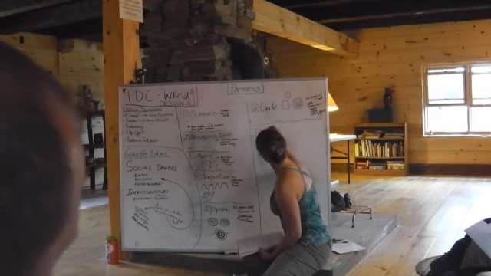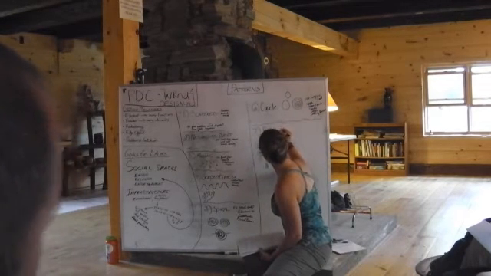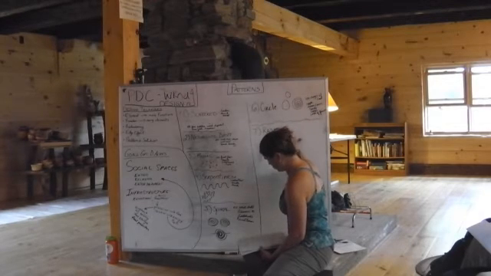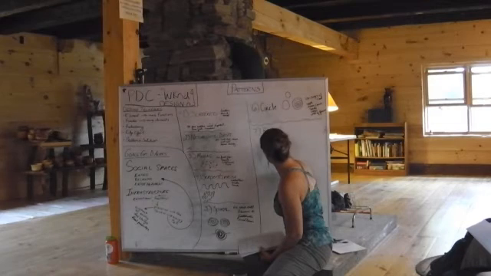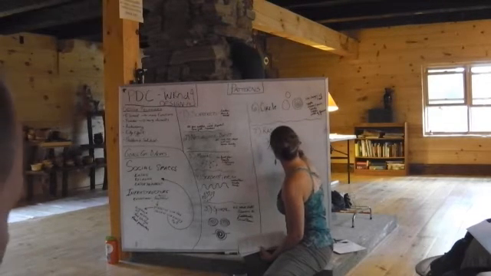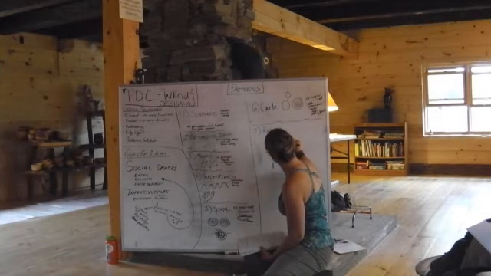Number 7 is radial. This is where we're starting from a center point. Radial can look a few ways. It can look like this, or it could be more curved.